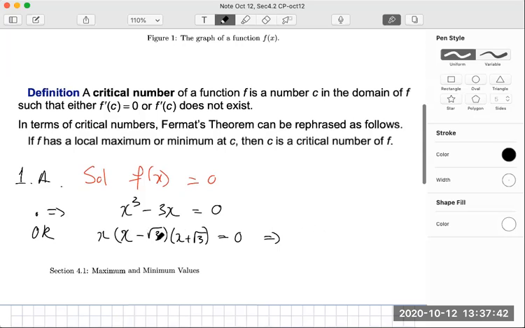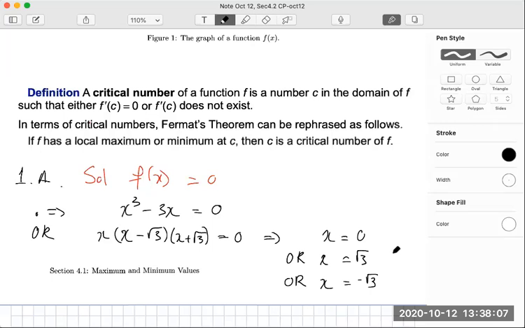What is the solution of this? Yes, the first one is x is equal to 0, or x is square root of 3, or x is negative square root of 3, right? There are three solutions.